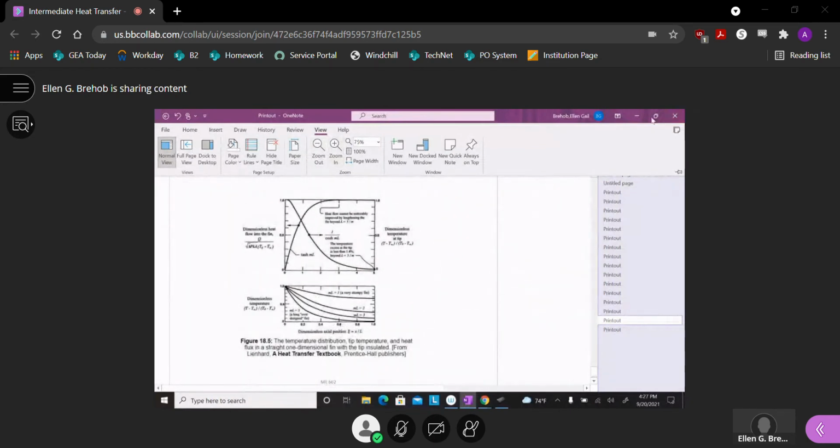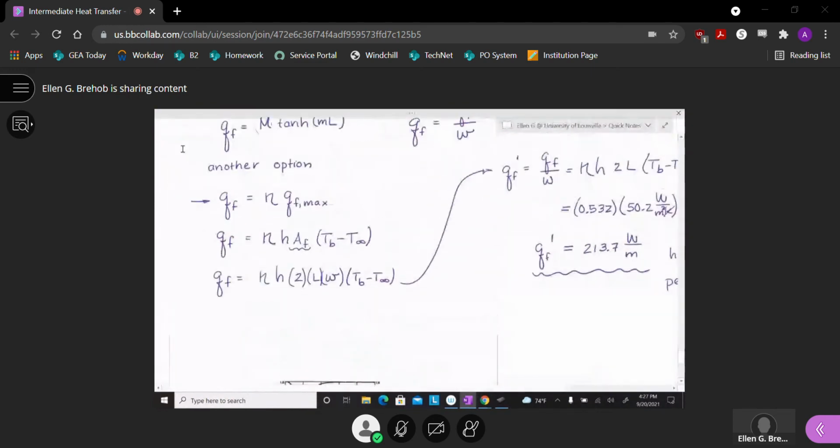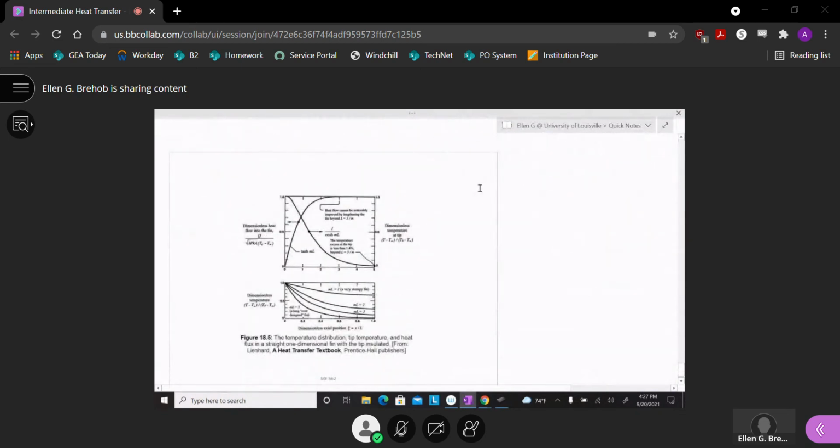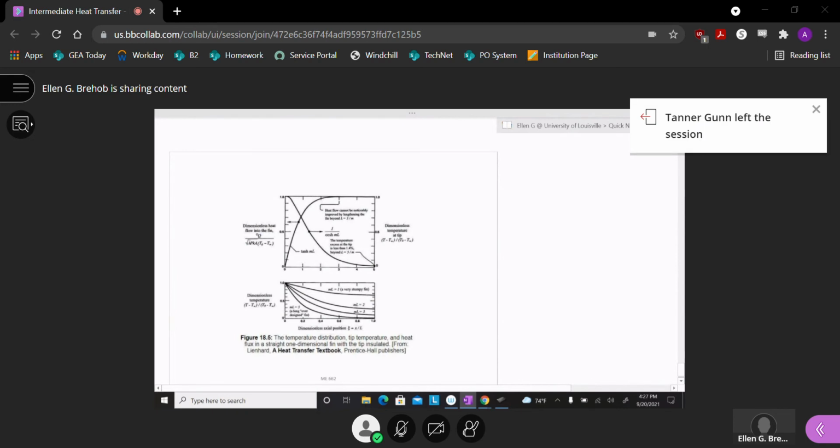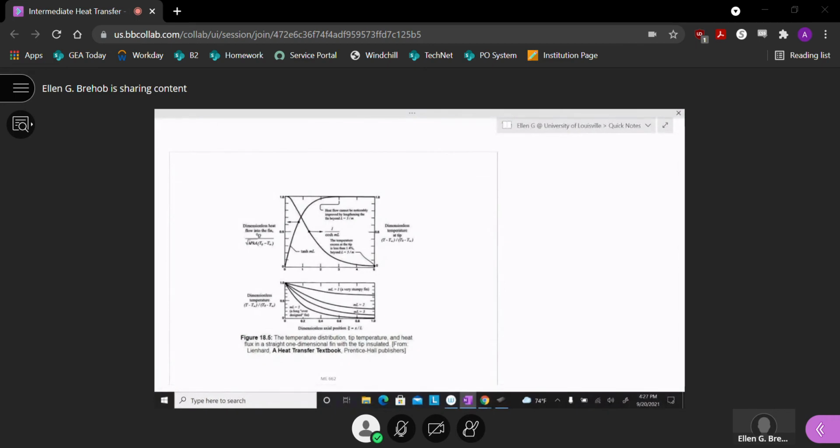Okay, so I want to make this figure look a little bit bigger. So on this top graph, it says dimensionless heat flow into the fin. So they have non-dimensionalized that. That would be our QF, and they've non-dimensionalized it with this maximum heat transfer. So this really is back to our fin efficiency.